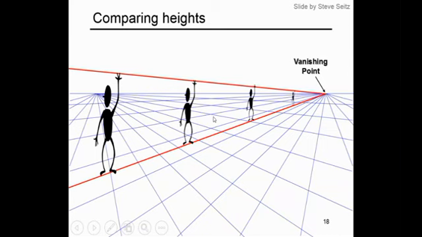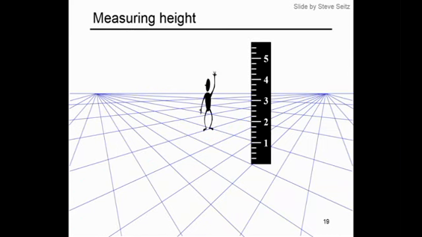So here's another illustration. Let's say I have a big ruler in the scene. If I want to measure how tall this person is compared to the ruler, then I draw a line from the base of the ruler through the base of the person and look at where it intersects with the vanishing line of the ground.